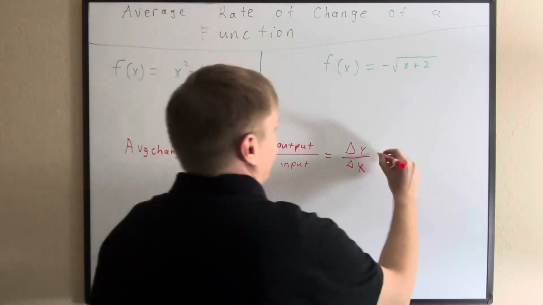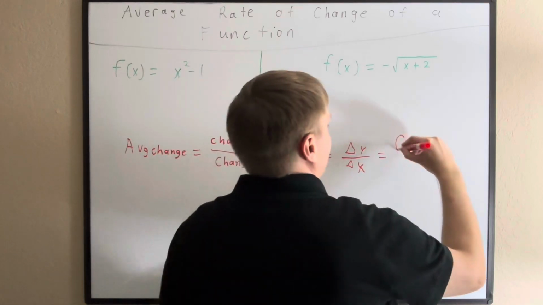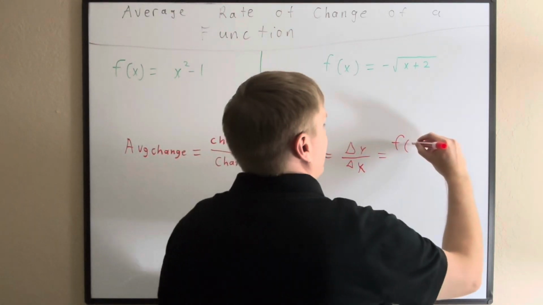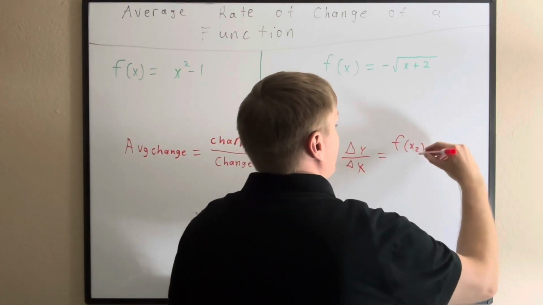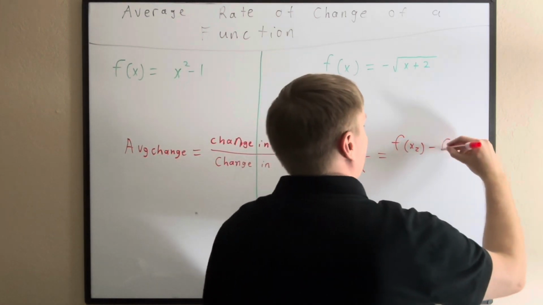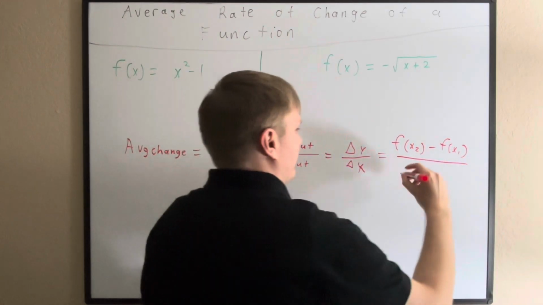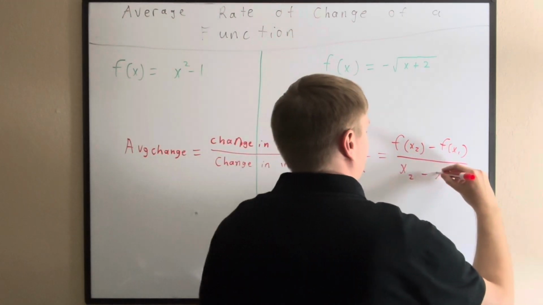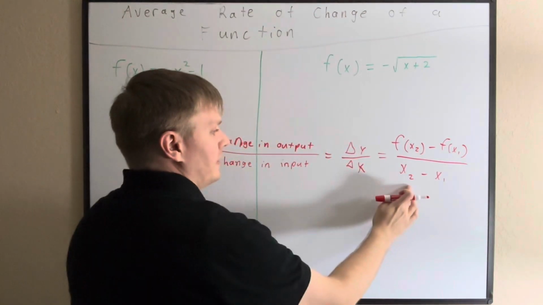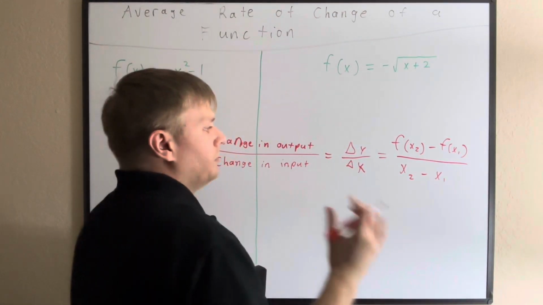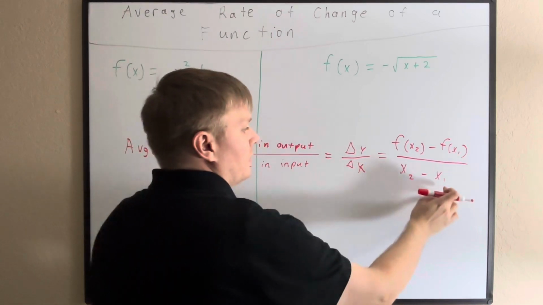Or another way to write that, if you remember your function notation, f of x sub 2 minus f of x sub 1, the little sub is important, over x sub 2 minus x sub 1. Now, what does the little sub 2 mean? It means that we have two different inputs, right?